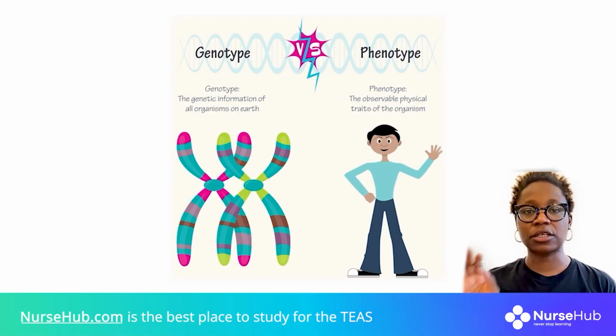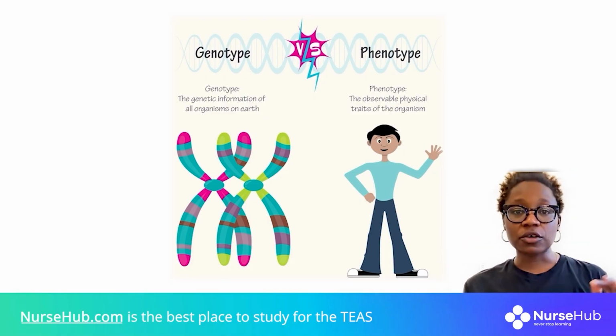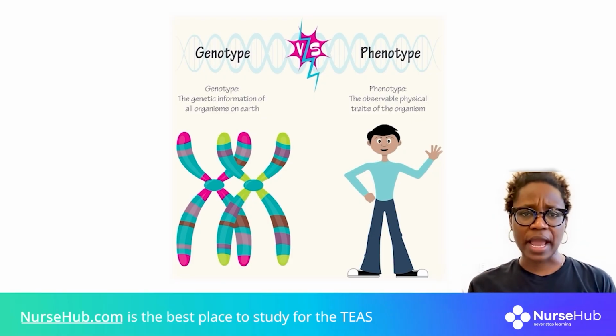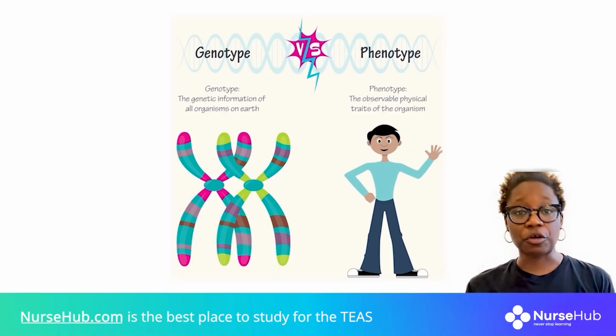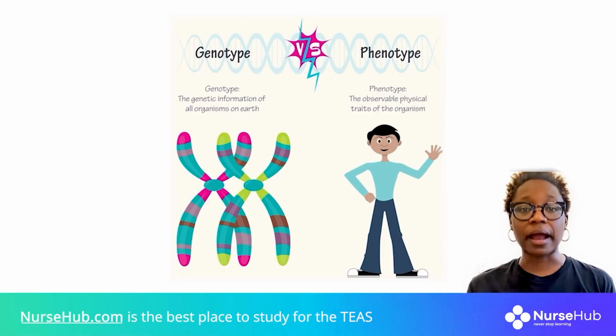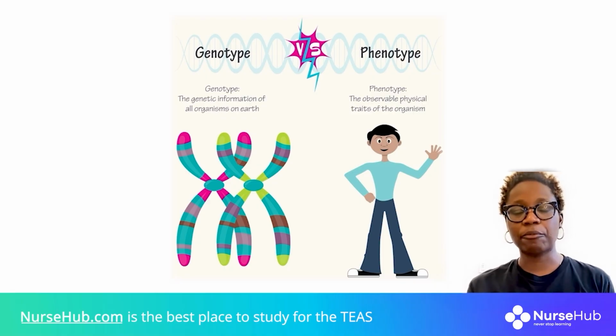That's where we're going to see the traits from both your mom and your dad, from both parents. Your phenotype is, well, which one of those traits is dominant? Which one physically shows up outwardly, right? Like on your body or in how your body functions. So the phenotype reminds you that those are the physical traits, the things that are actually expressed.